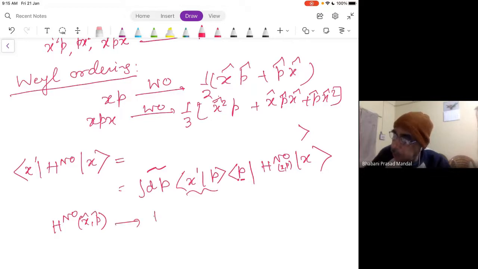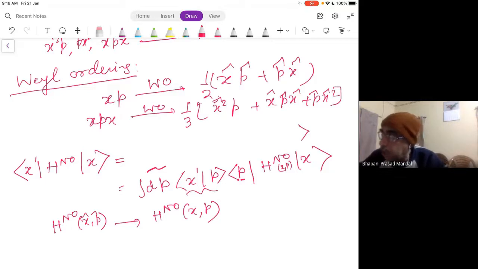This will be replaced by H normal ordering of x, p with the simple eigenvalues, because now this operator is arranged in such a way that on the left the momentum operator can act here, and on the right we have x which can act here. Okay, so this expression I can then write as integral dp over 2 pi h-bar, with a factor from here and one factor when this comes out when it is replaced by its eigenvalues.